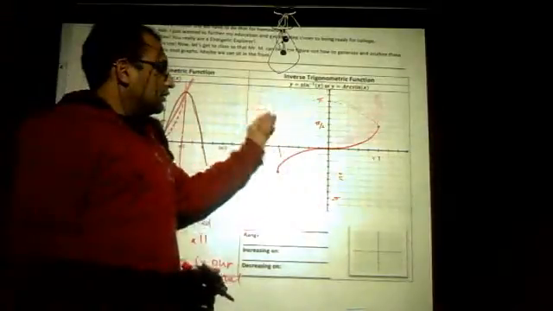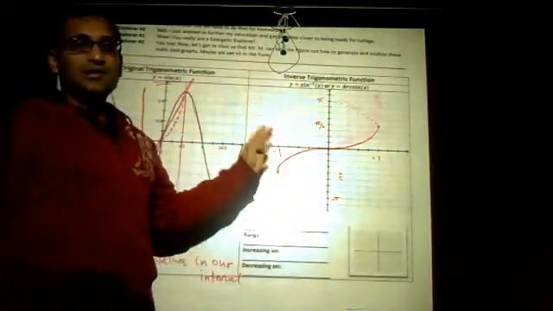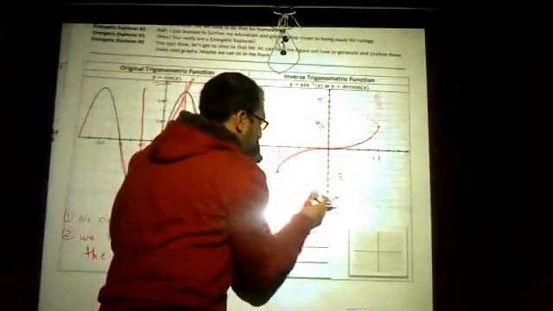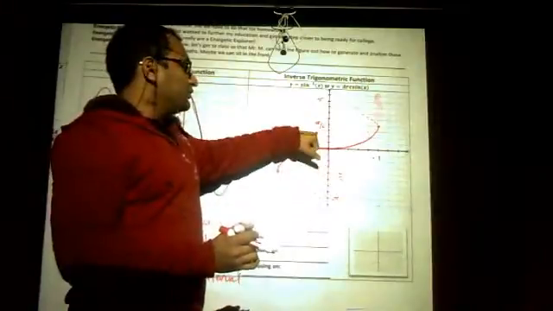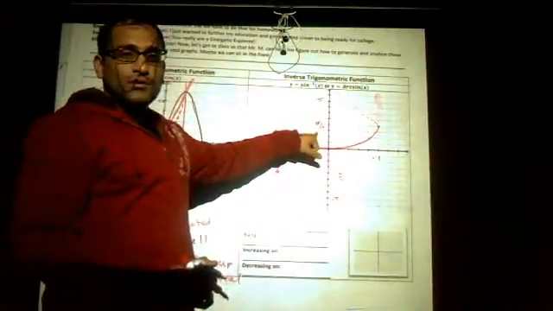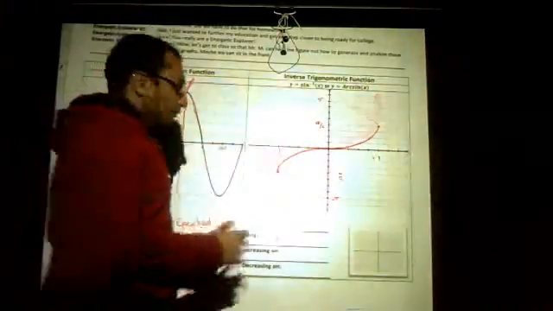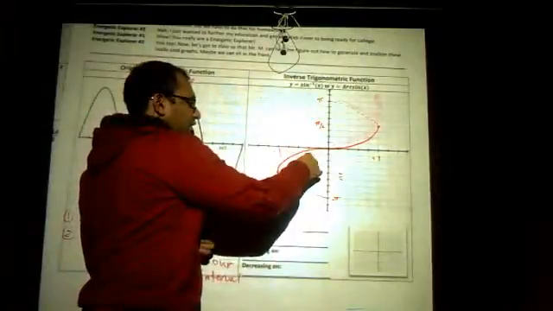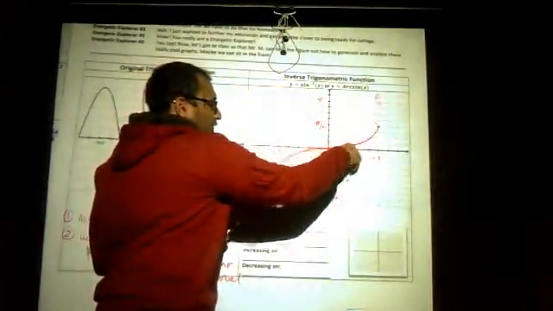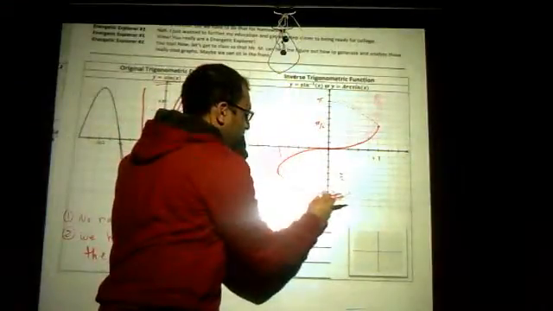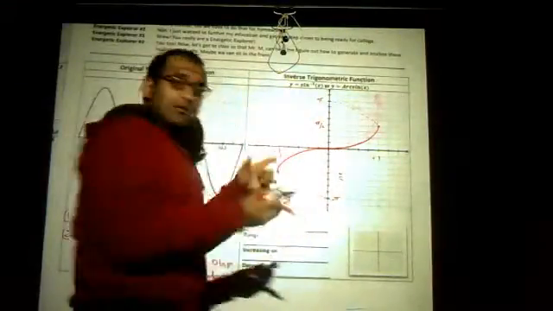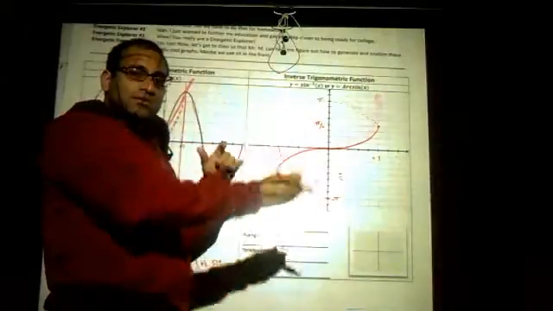But now can you call this a function? You cannot call this a function. Why? Because if we don't restrict our domain from negative pi over 2 to pi over 2, if I draw a straight line through this, you will not have a function. But you can see that this is just the sine function tilted on its axis.